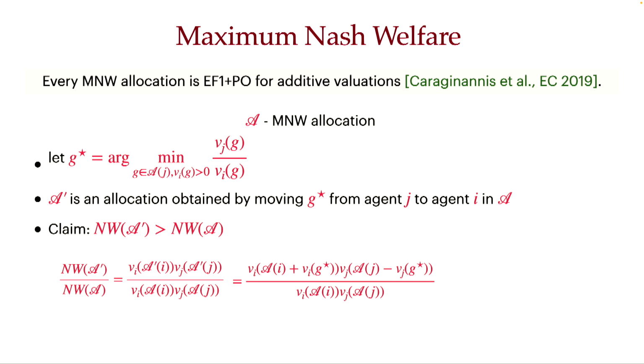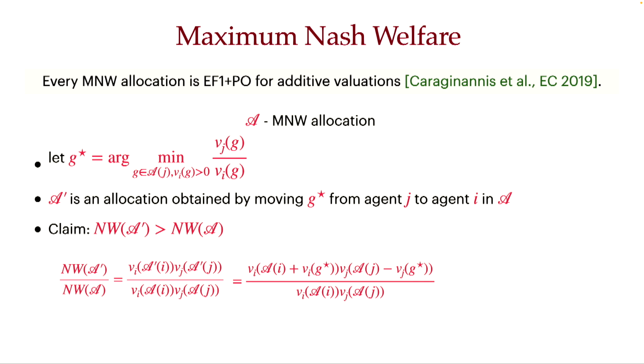Now, what are the valuations? With respect to the new allocation, it is Vi Ai plus Vi G star, and for J, Vj Aj minus Vj G star. These are the values. Look, I am using additivity here, then only I am able to write it.